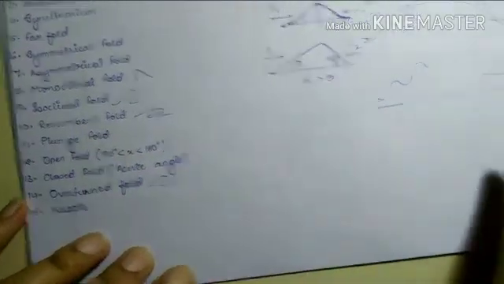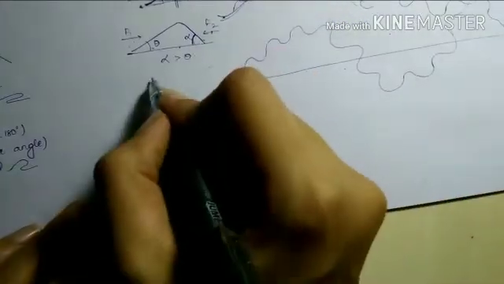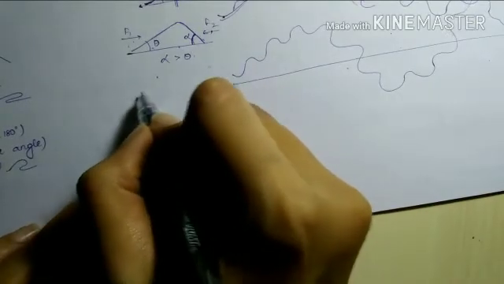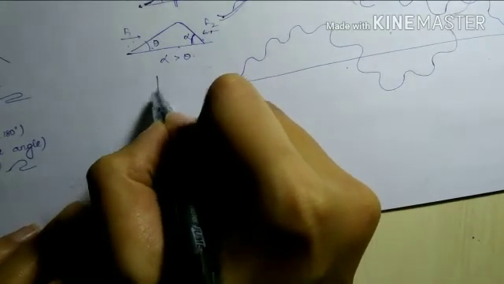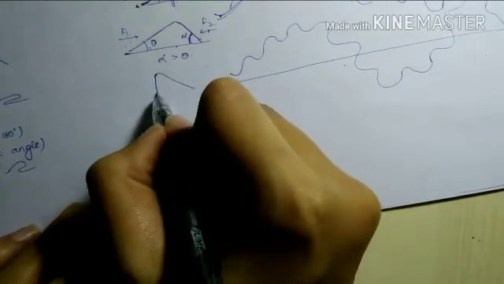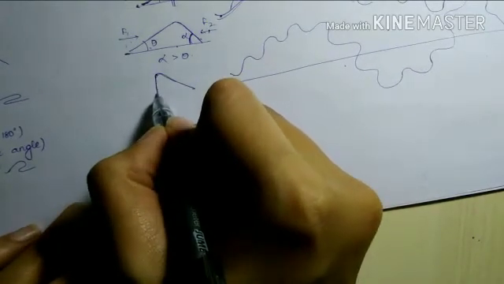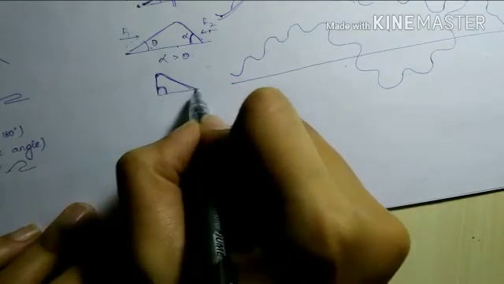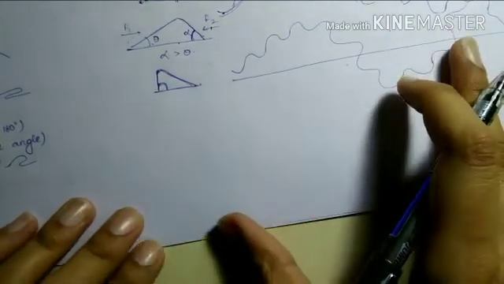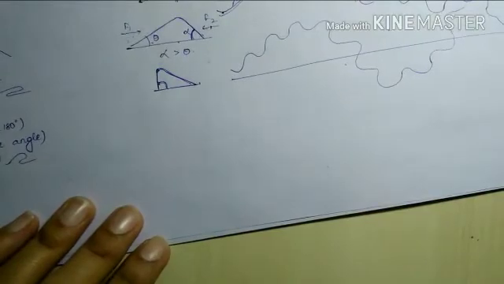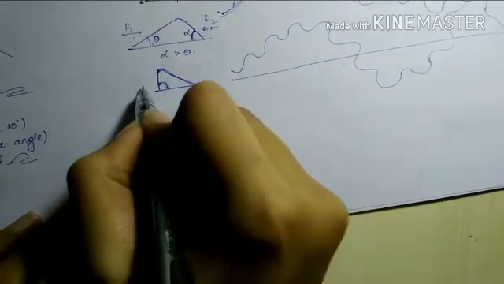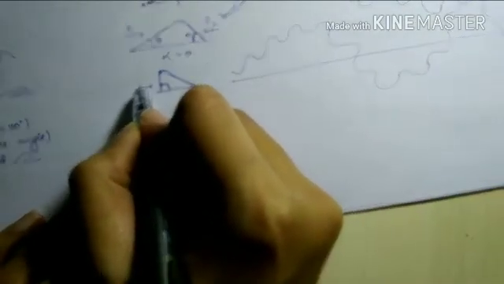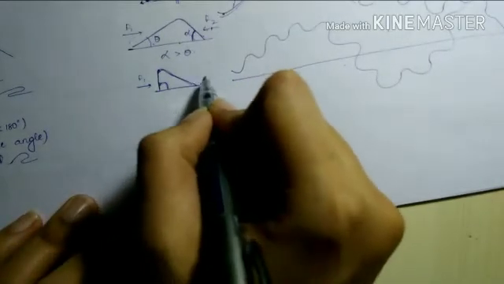Now next is monoclinal fold. In monoclinal fold, we see that one slope is almost 90 degrees, or a right angle, as compared to the other one. This can happen because of three reasons. First, the force F1 is far greater than F2.